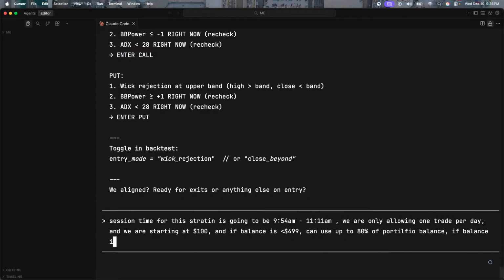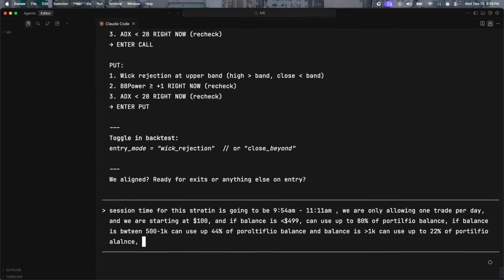If the balance is between 500 and 1,000, we can use up to 44% of portfolio balance. And if the balance is greater than 1K, we can use up to 22% of portfolio balance.